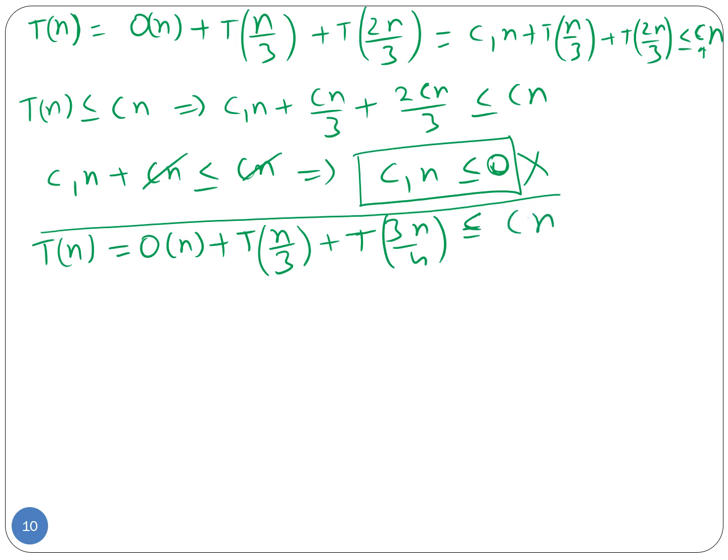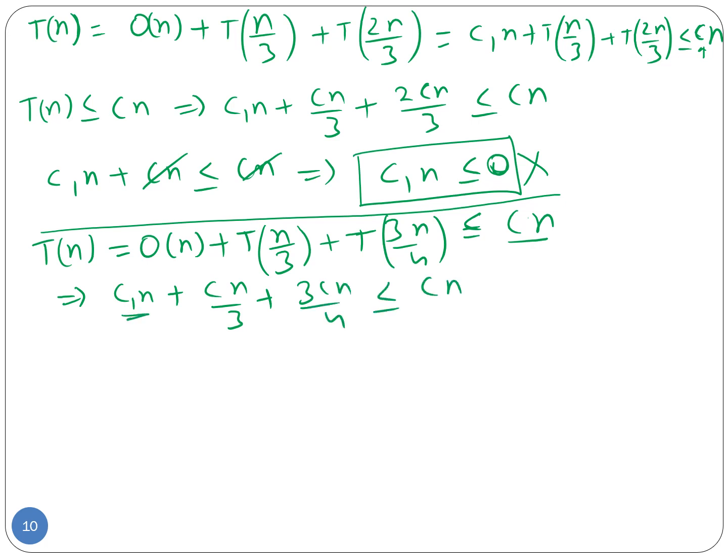Okay, so this basically implies that c1n plus, substituting the cn in the recurrence, we get cn by 3 plus 3cn by 4 should be less than or equal to cn.